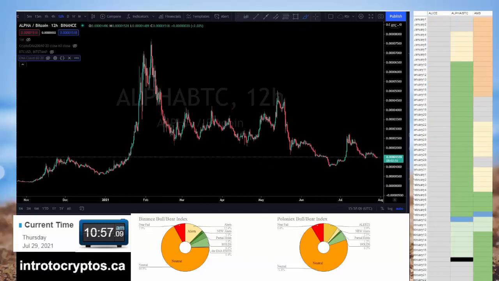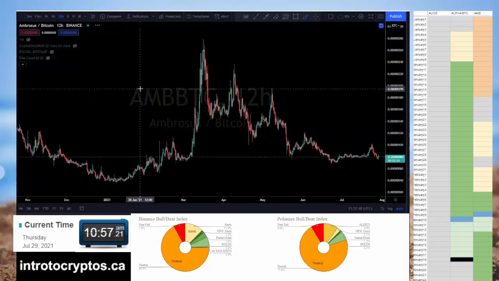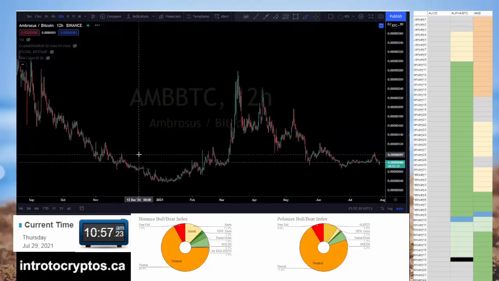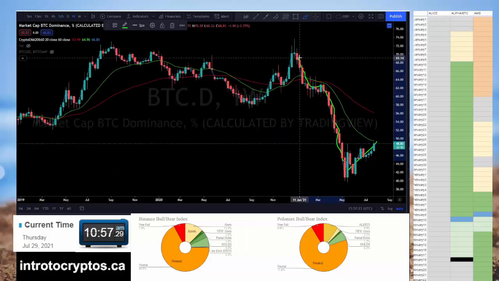Now let's scroll all the way back to the top and we'll take a look at AMB. Ambrosus. It's another new coin to me. I'm unfamiliar with it. So here's what happened throughout 2021 as Bitcoin dominance was dropping. Again, this one did differently than Bitcoin dominance overall.